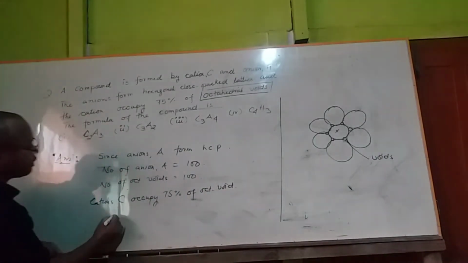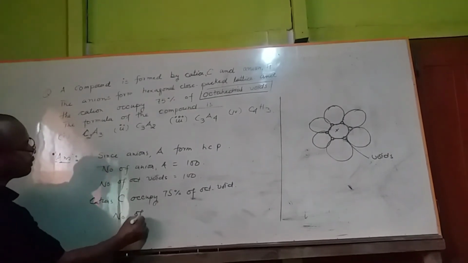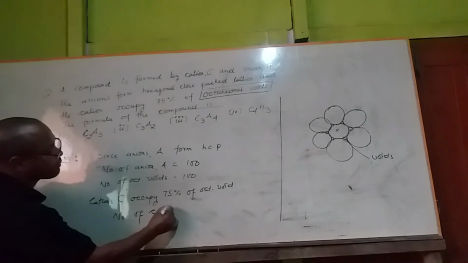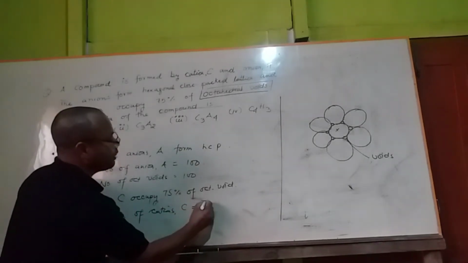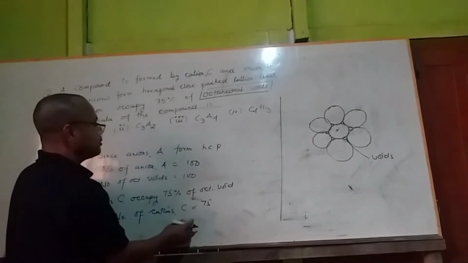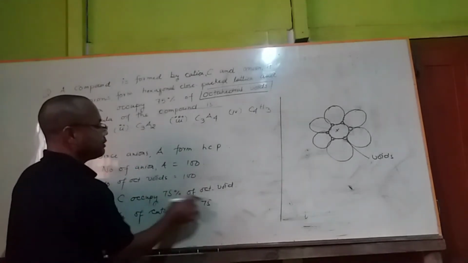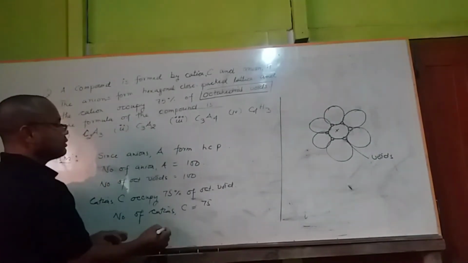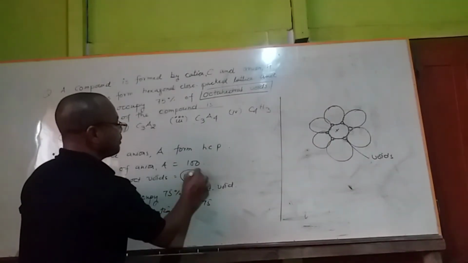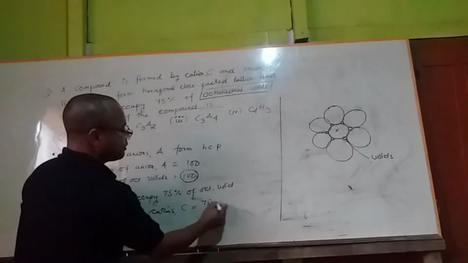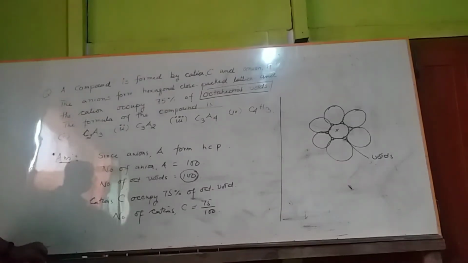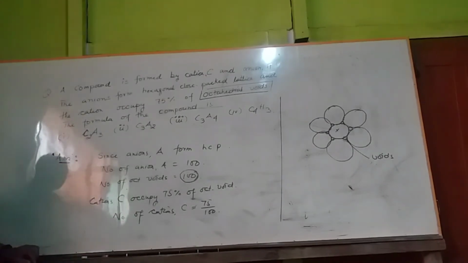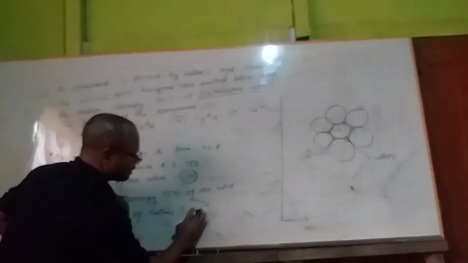That means the number of cations C is equal to 75, out of 100. Is it correct? So we can write 75.